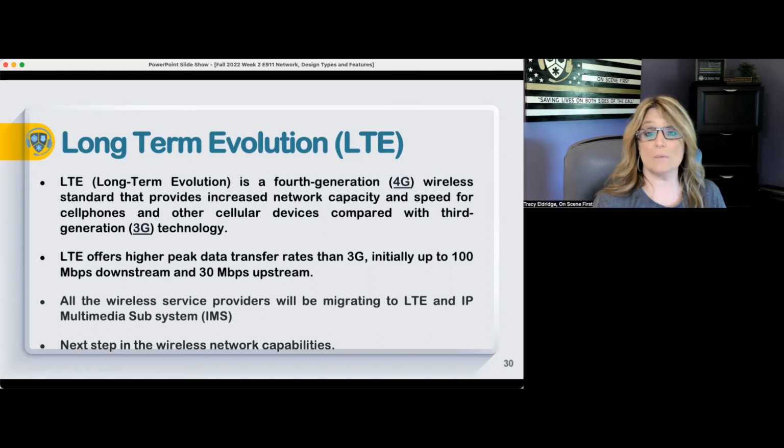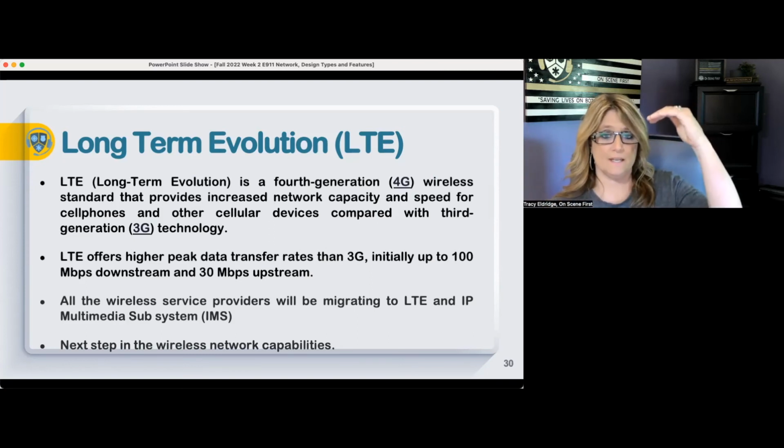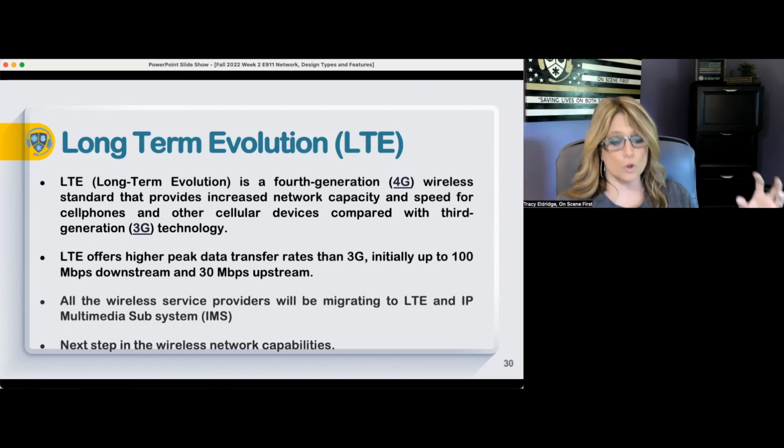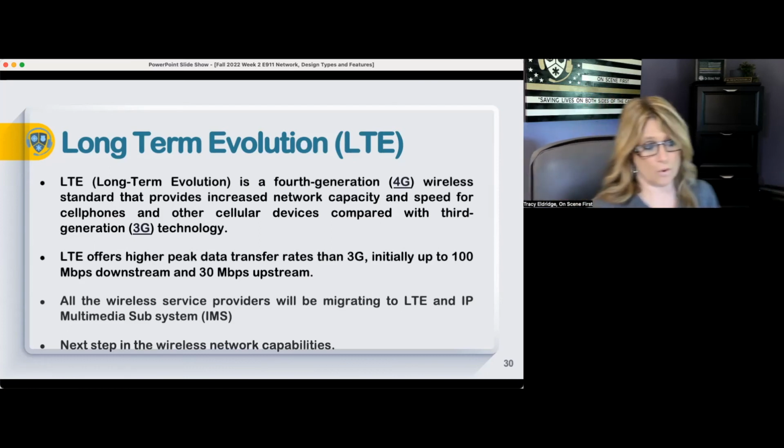I don't even understand half of that, but I know when I look at my cable, DSL, and internet, it's how fast the data comes in and how fast the data goes out. As we move towards LTE, 4G, and then 5G, we're getting much faster and much more room to move that data forward.